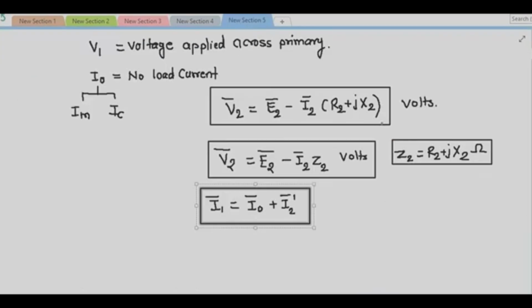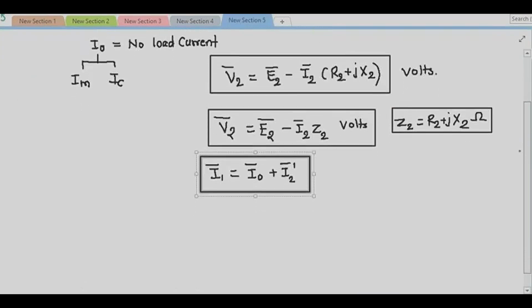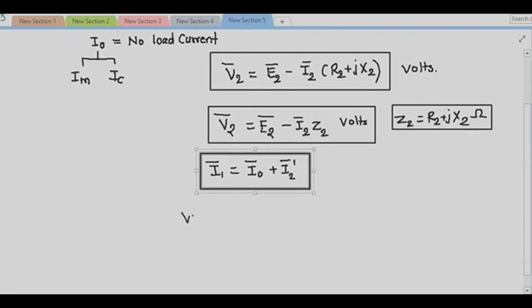So mathematically, I can write down V1 is the vector sum of minus E1 and the drops in the resistance and leakage reactance of the primary winding. Why minus E1? I will tell you, because I have to take the vector sum, that's why I have taken E1 on the other side.